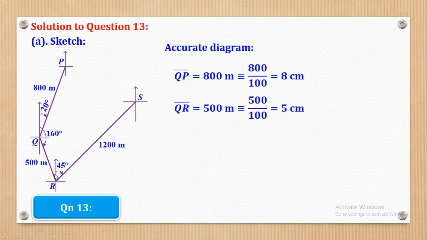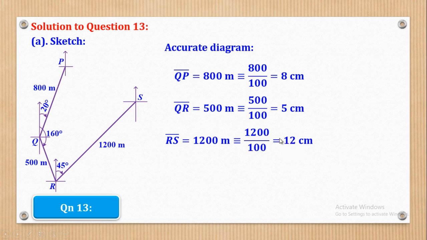Also QR is 500 meters, equivalent to 500 over 100, which is 5 centimeters. And RS is 1200 meters, equivalent to 1200 over 100, which is 12 centimeters.